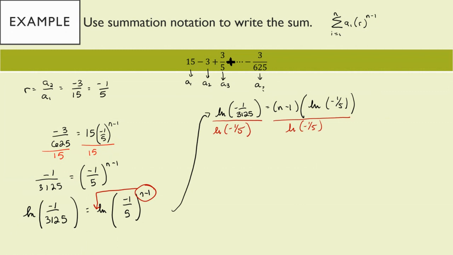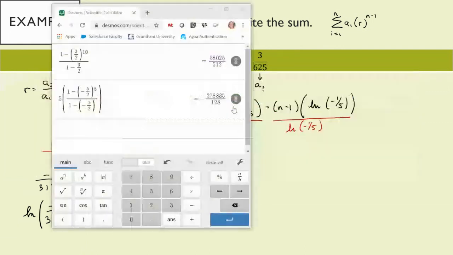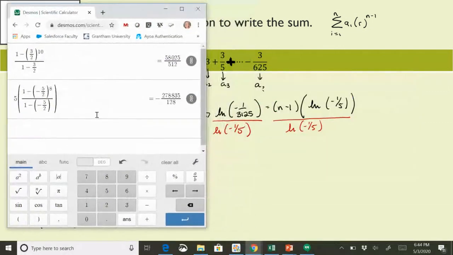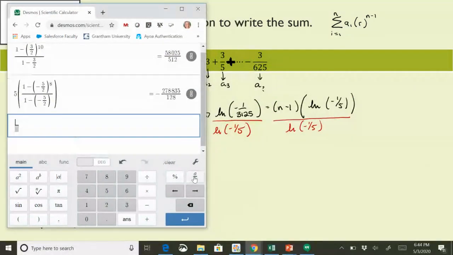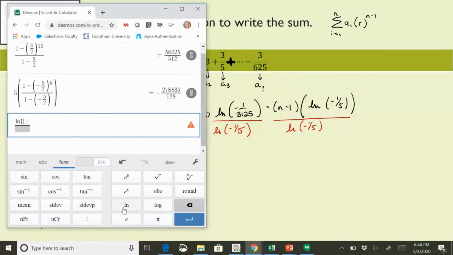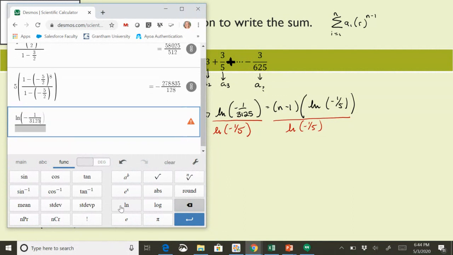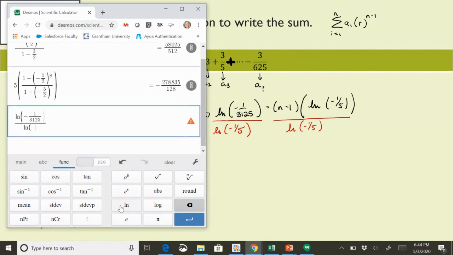And I'm going to do this natural log stuff on my calculator. I can pull up the handy dandy Desmos calculator again. So set up my fraction. I think it's under function here. Yeah, so I've got natural log of negative 1 divided by 3125 over natural log of negative 1/5.